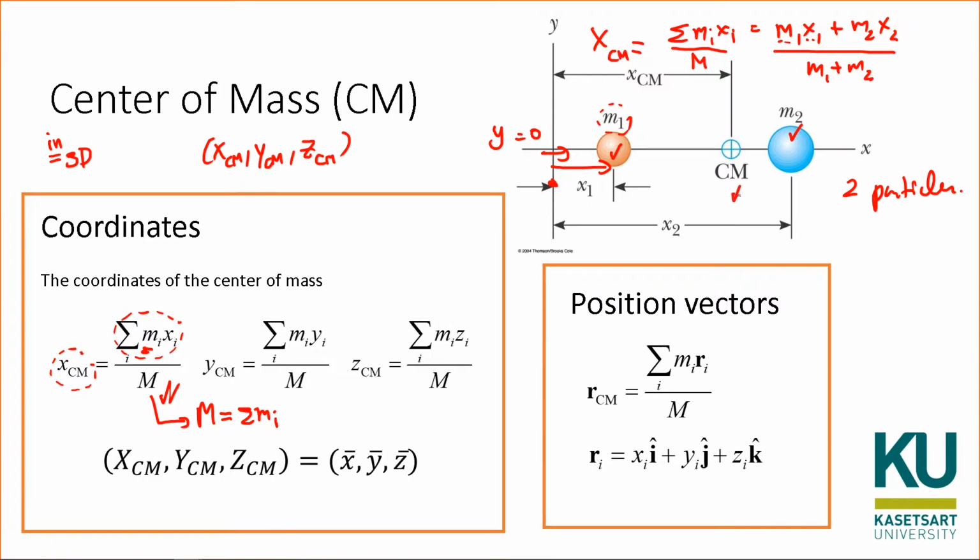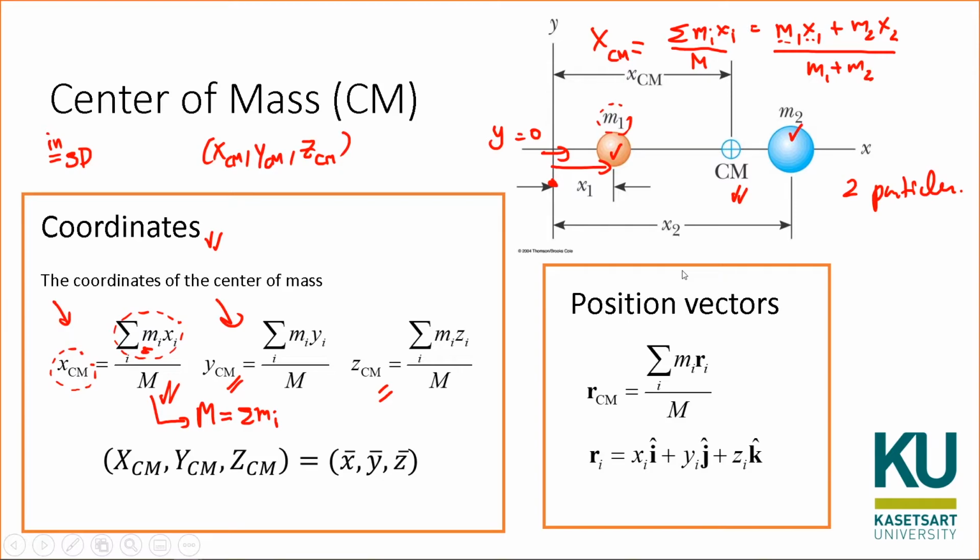So the XCM is this position. So we can use this type of formula to extract the XCM, YCM, and ZCM to determine the center of mass in terms of coordinates.